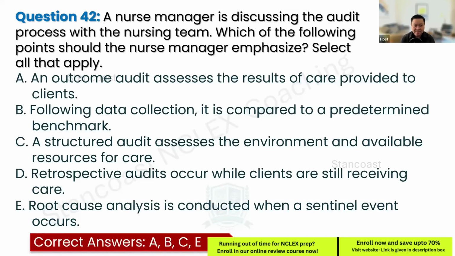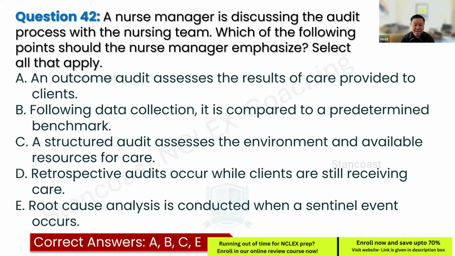Letter A is correct because an outcome audit evaluates the effectiveness of care by examining measurable outcomes such as patient health improvements. Letter B is also correct because after gathering audit data, comparing it against the benchmark is essential to measure care quality.